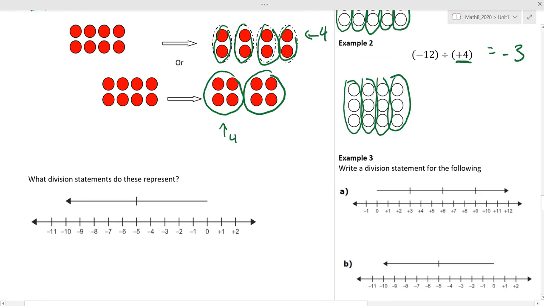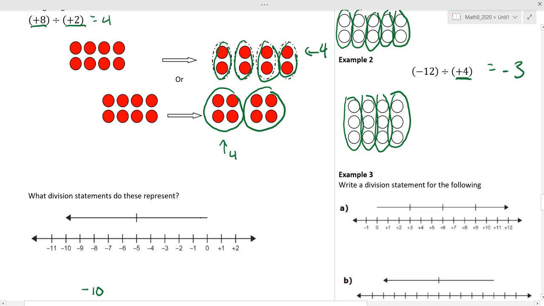Another way of looking at a division statement is to look at the number line. We did the number line with multiplication. The way it works is you look at the entire arrow and ask, what does the entire arrow equal? 10, right? And how many groups is that arrow broken into? Wait, how is it 10? It goes from 0 to 12. No, it goes to 10. No, other side of the page, Lachlan.